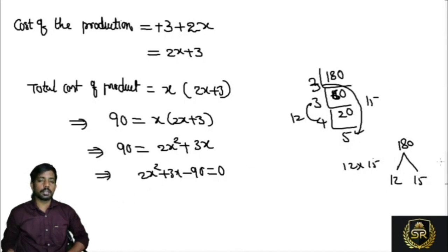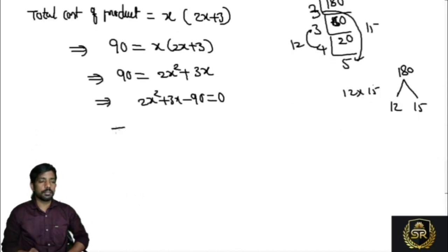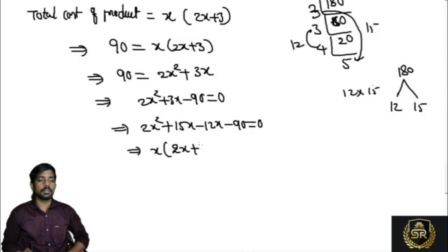So I am writing the factors: 2x square plus 15x minus 12x minus 90 equals 0. From here, x is common, remaining 2x plus 15.